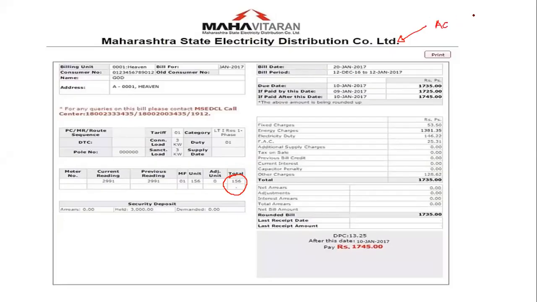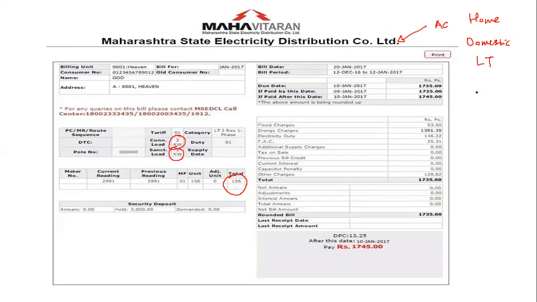In our home, this is a domestic electricity bill. That is an LT meter, the low tension line, and the connected load is 3 kW. You can notice over here, and it is a sanctioned load. The connected load or sanctioned load is the same, 3 kW.